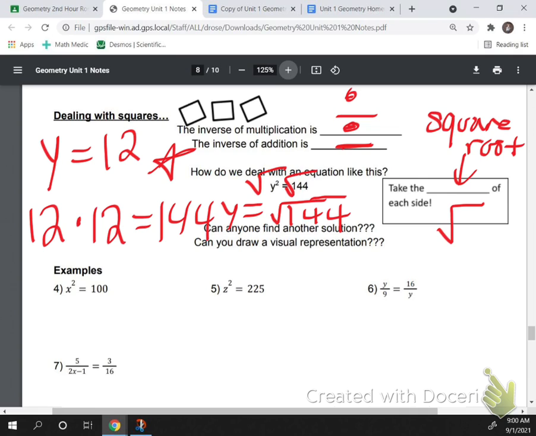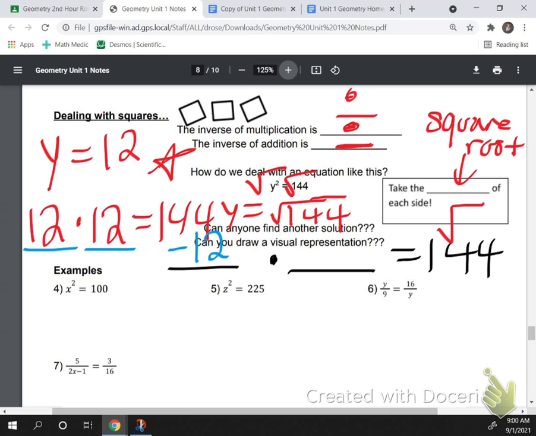Is there another solution? I want you to turn and talk with your team. Is there another solution? No. There is one more solution. Your calculator's not going to give you both solutions, okay? When I square root something, I am thinking about what times what equals my answer. If you recall, a negative times a negative is a positive.